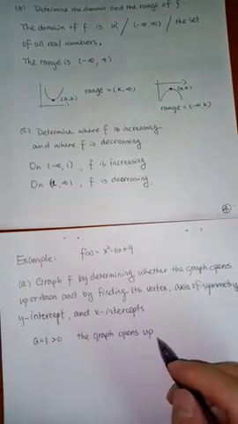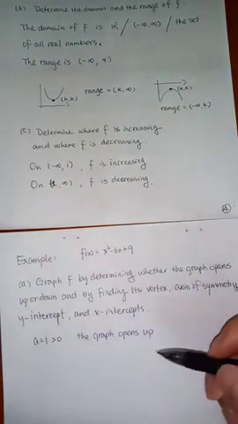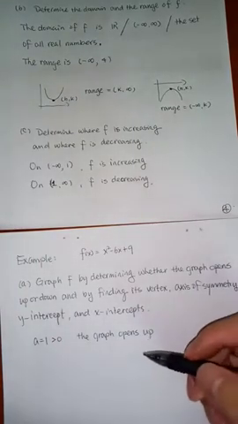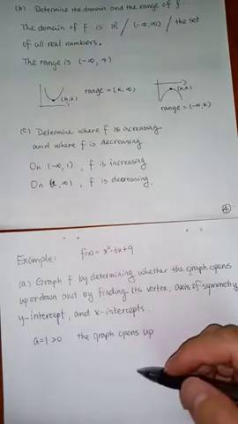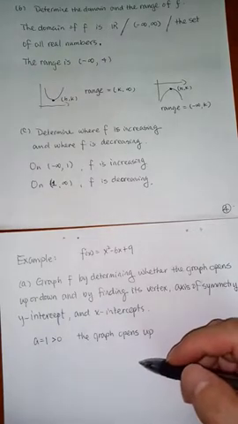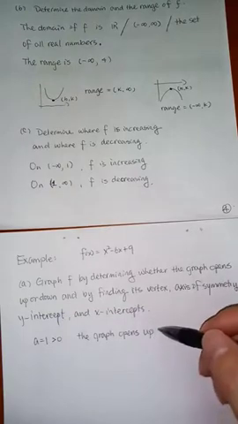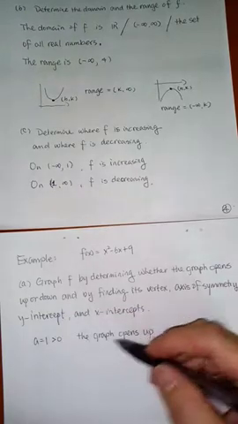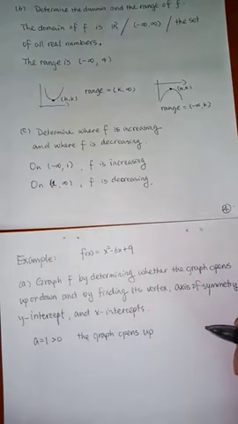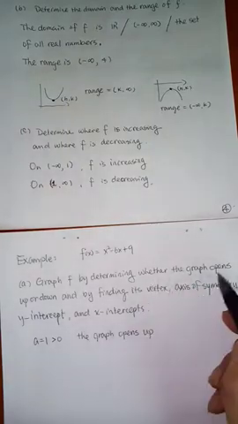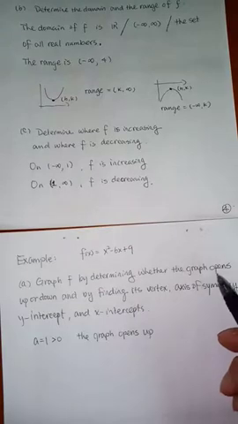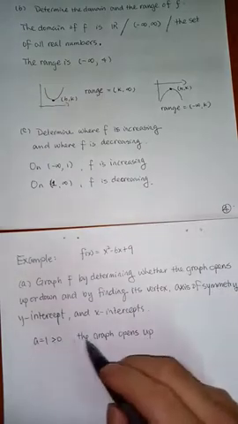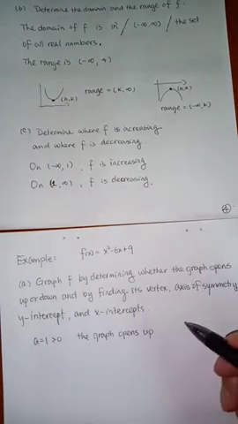So it's an obvious fact, but if you see the problem in the exam, you have to write down this statement. You cannot say it's so obvious, we keep this in mind. In the exam, you cannot keep all the facts in mind. You must write them down, okay? Because this is part of the question: determine whether the graph opens up or down. Because it's positive, the graph opens up.